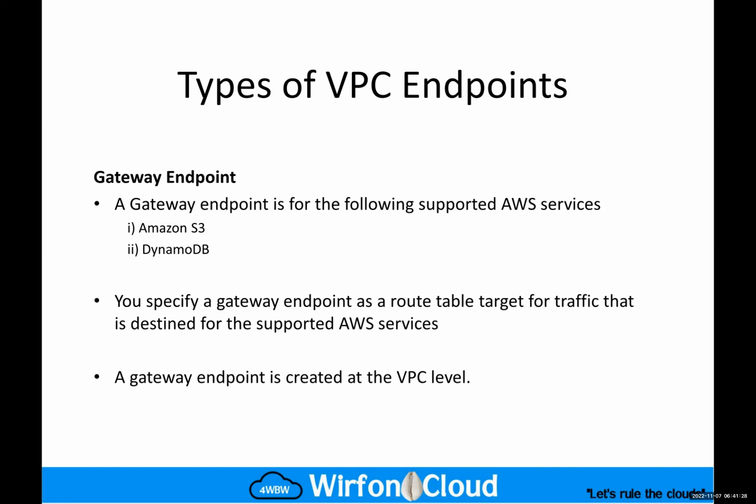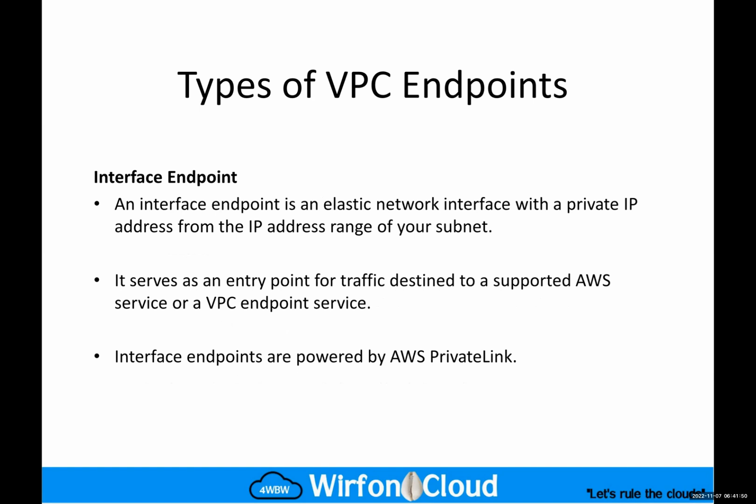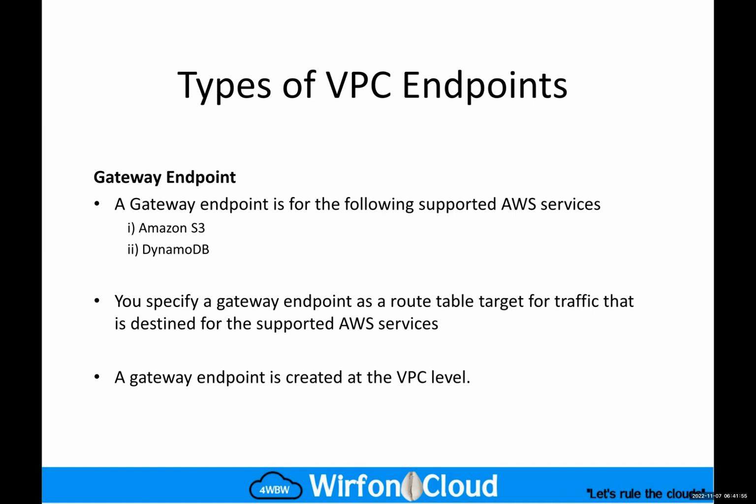We also have what is called a gateway endpoint. For gateway endpoints, the main difference is that they are supported just for S3 and DynamoDB. So if you want to connect to any AWS resource which is not an S3 bucket or a DynamoDB table, you would use the interface endpoint in general. And if it is an S3 bucket or DynamoDB, it's best to use the gateway endpoint.